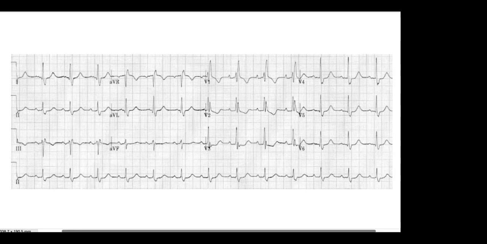Does anybody also see something else? If you compare V5 and V1, for example, do you believe that the time of the QRS complex of V5 and that of V1, can you look at them and tell me something about them?